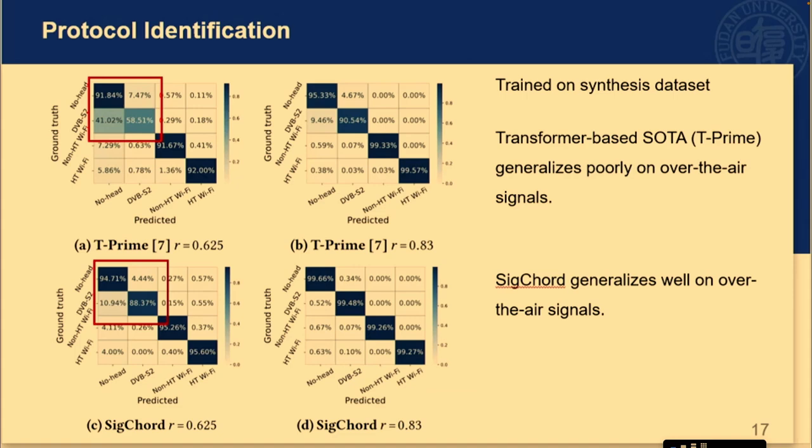T-prime has trouble generalizing to new data, but C-code maintains over 99% accuracy at high sampling rates and stays strong even at low sampling rates, where R equals 0.625. These confusion matrices clearly show C-code's superior performance in classifying protocols.